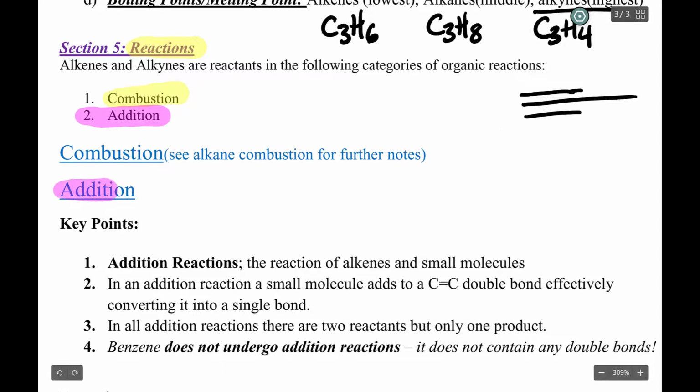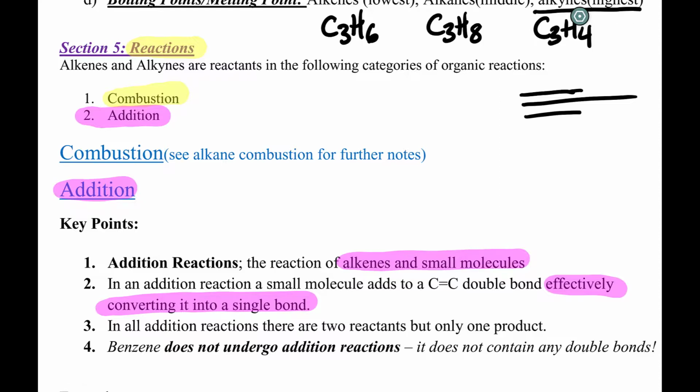In an addition reaction, enes and small molecules will react with one another, and the small molecule will become part of the larger molecule by adding into the double bond, effectively converting the double bond into a single bond. We're adding in something small.